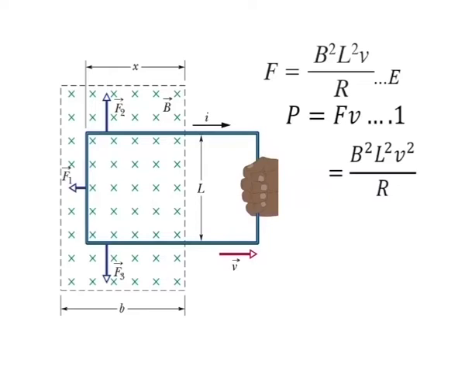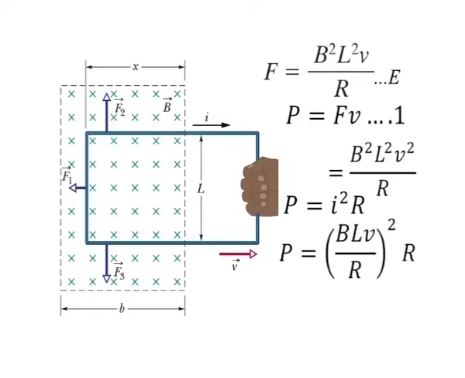To find the rate at which thermal energy appears in the loop as you pull it along at constant speed, we calculate it using this equation: P is equal to i squared R. Substituting for i from equation C, we find P is equal to (BLv upon R) whole squared into R, which becomes equal to B squared L squared v squared divided by R. This is exactly equal to the rate at which you are doing work on the loop.